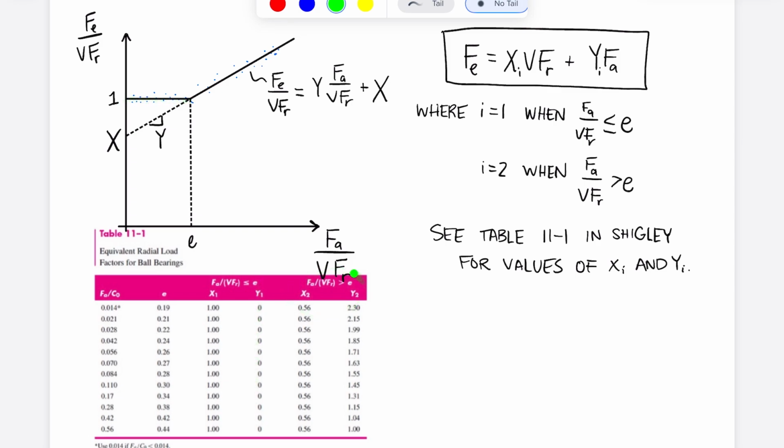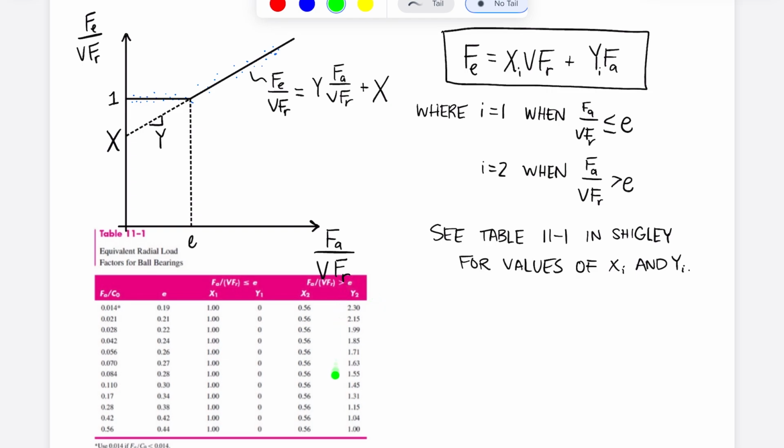When I'm on the other side of this chart where my ratio of Fa over VFr is greater than e, so I'm over here, now our data is fitted to this line. Our intercept is always going to be 0.56, so there's really not too much work you need to do with that.